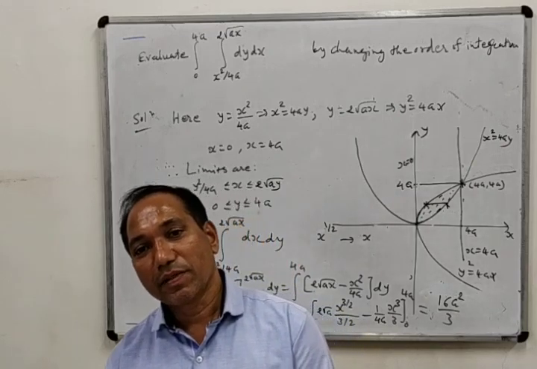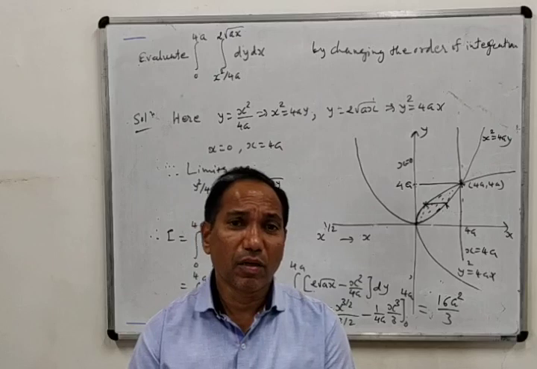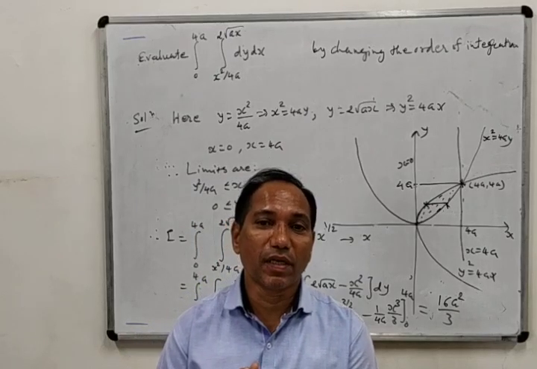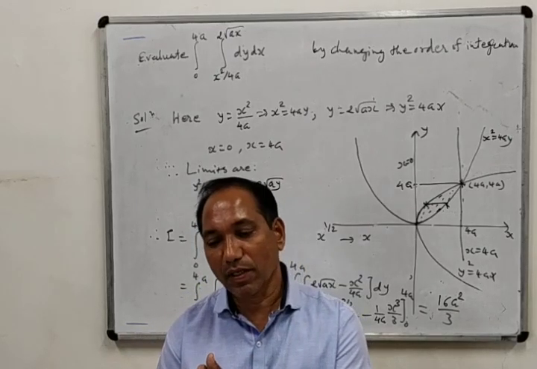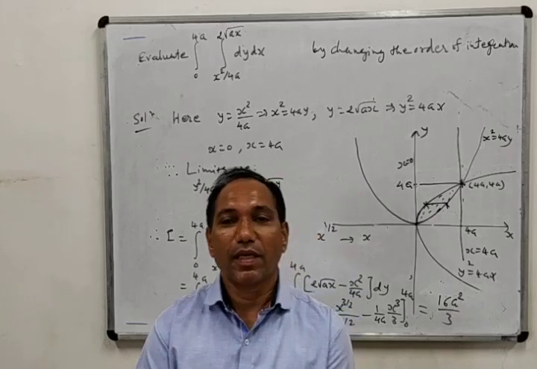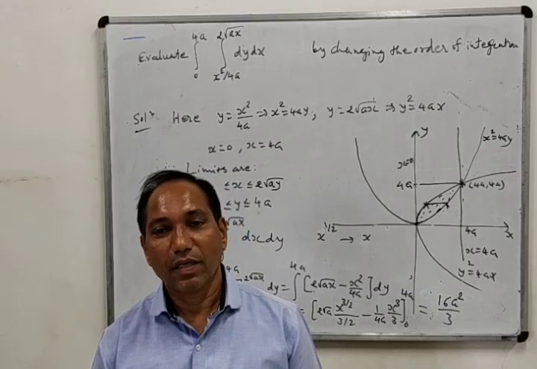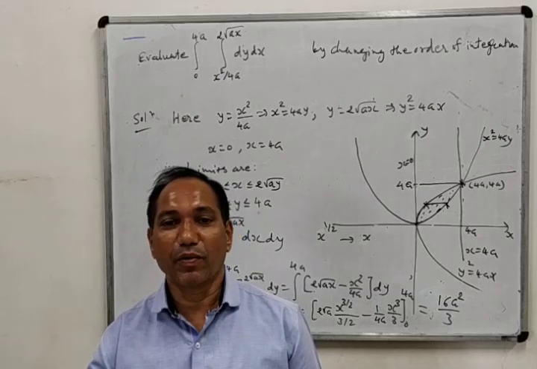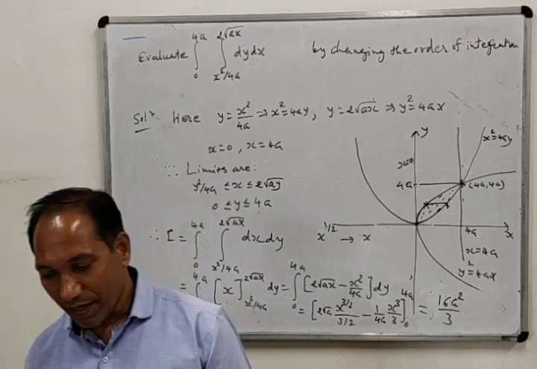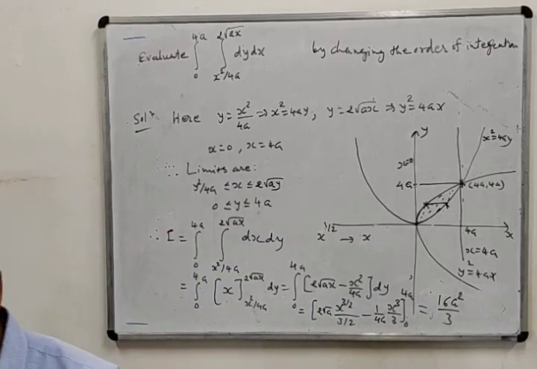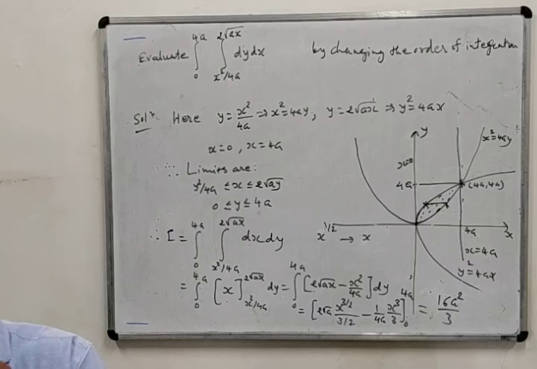Okay. Then we saw the problems without given limits, and when we are given problems without limits, we draw the figure, and then we can determine the limits by taking a straight line parallel to the x-axis or parallel to the y-axis, and this depends upon us, as we need to know with respect to which variable the problem will become simple.